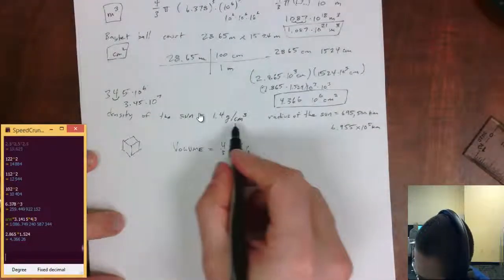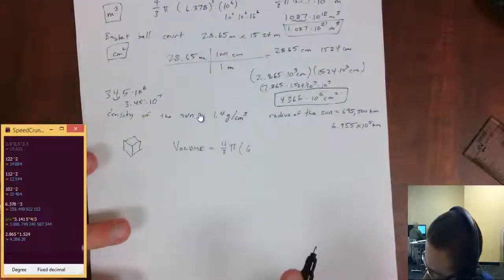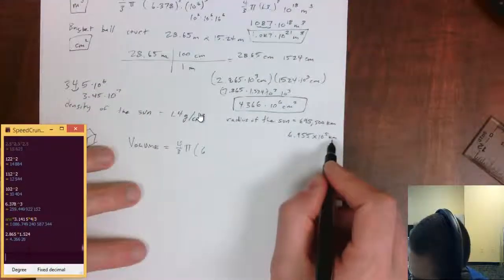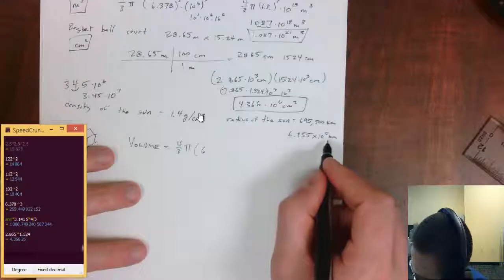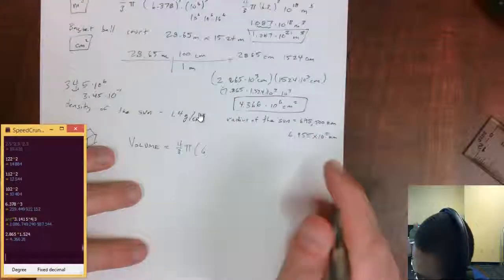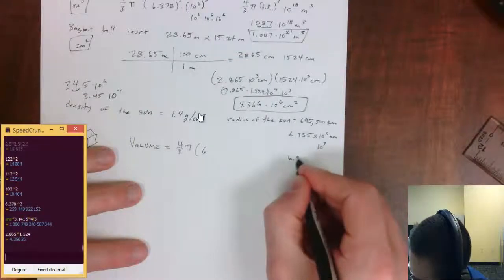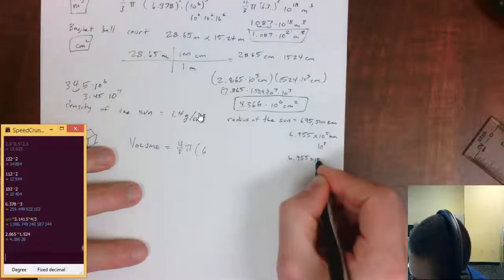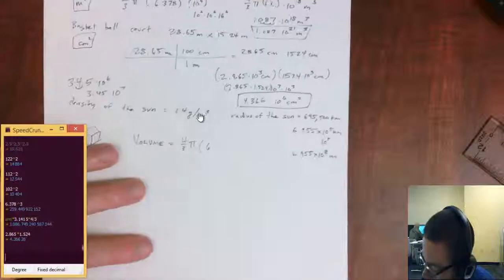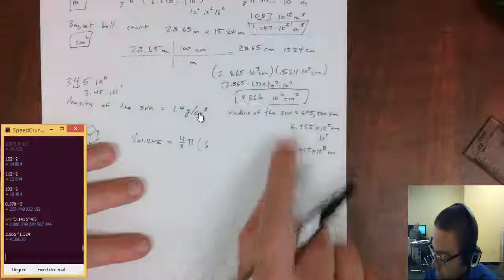And actually I want to go to centimeters. To go from kilometers to meters, it would be 10 to the 3rd, so I'm going to add 3 to that. So 6.955 times 10 to the 8th meters would be the radius of the sun.